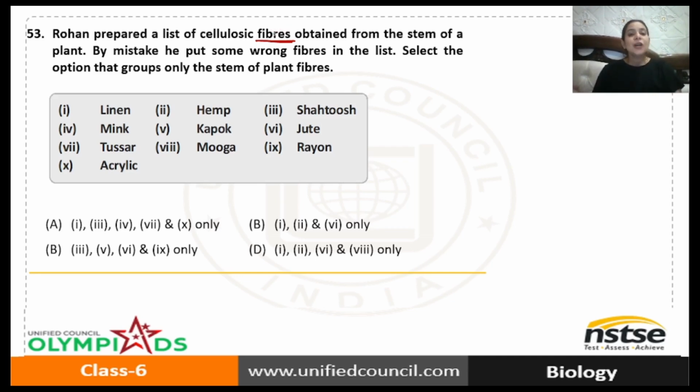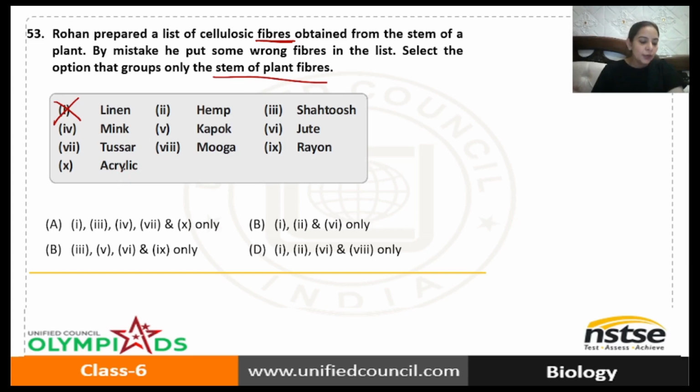So fibers which occur naturally, you may get from the flower of the plant, like cotton, or you may get them from the stem. So there are different sources from which you obtain fibers. Here he has put some wrong fibers in the list. Select the option that groups only the stem of the plant fibers. The list includes linen, hemp, jute, tussar, mink, kapok, rayon, and acrylic.